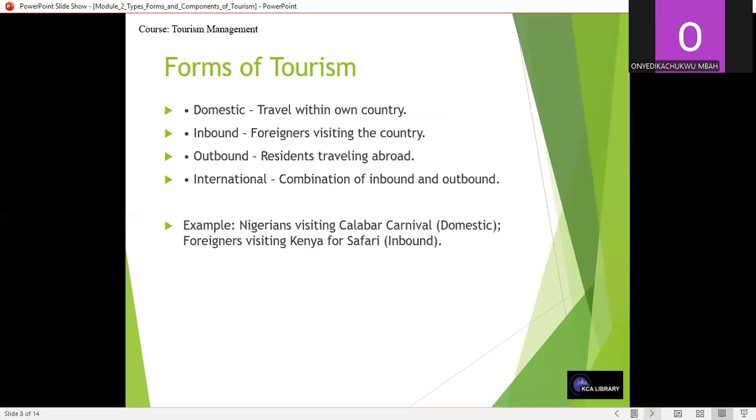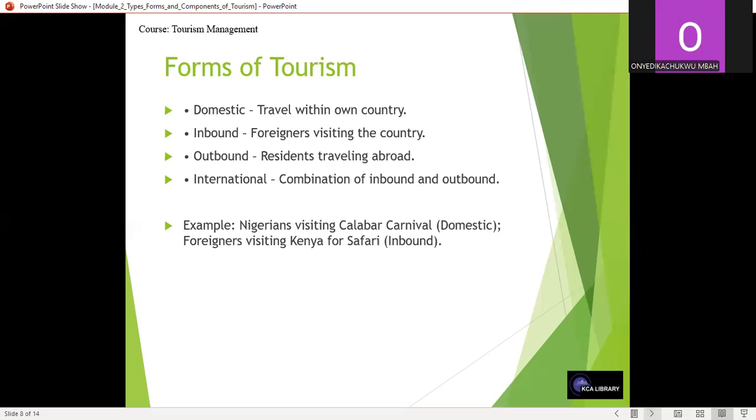Now, in this next slide here, we're talking about the forms of tourism. Domestic tourism, travel within your own country. Inbound tourism, foreigners visiting the country, for instance, when we have Chinese people visit Nigeria. Outbound tourism, when we who are Nigerians visit China, residents traveling abroad.